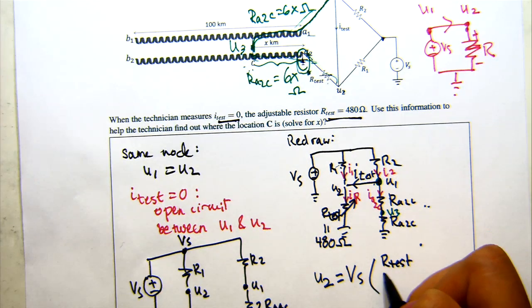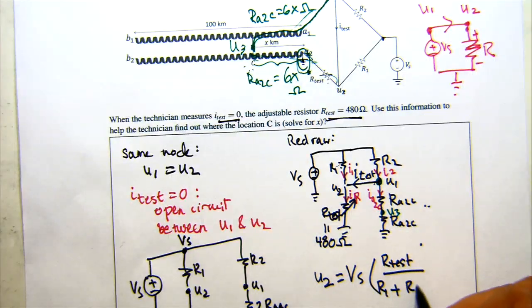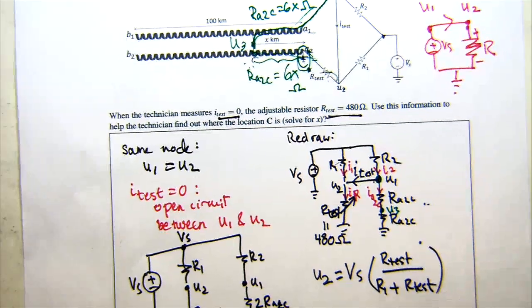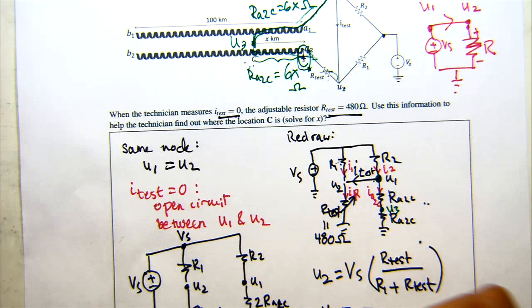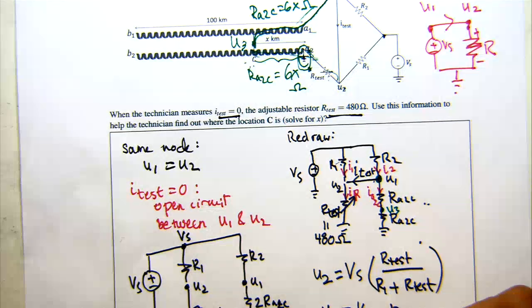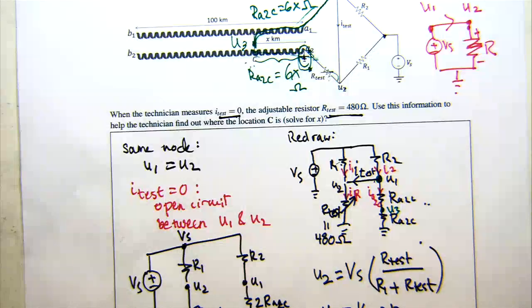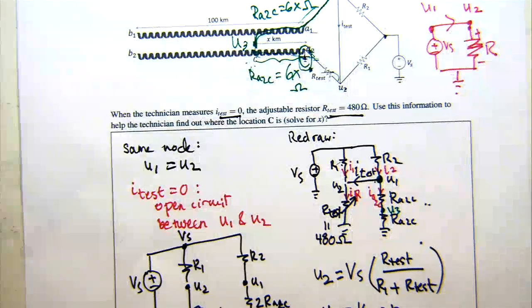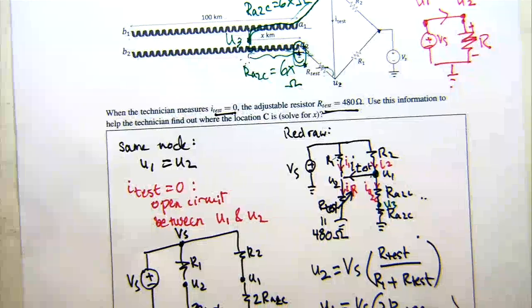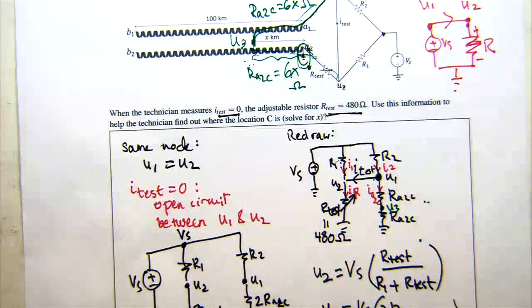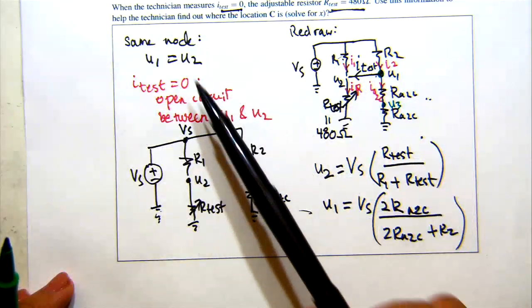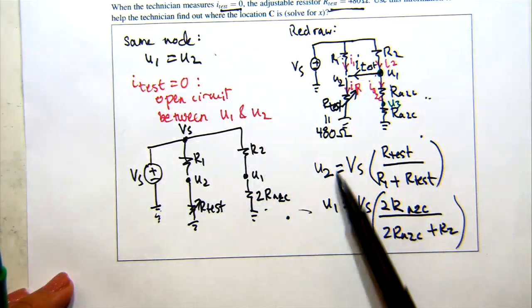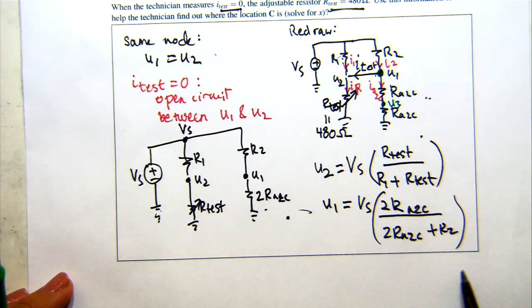So R test over R1 plus R test. Right? And I can go ahead and do the same thing with U1. So U1 also equals Vs times 2RA2C over 2RA2C plus R2. Okay. And we also know that U1 equals U2, right? So these voltages are actually equal to each other, right?